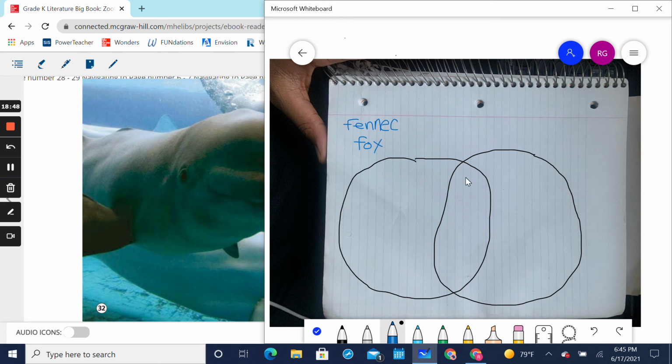And on the other side, we are going to write wombat because we are going to compare and contrast the wombat to the fennec fox.